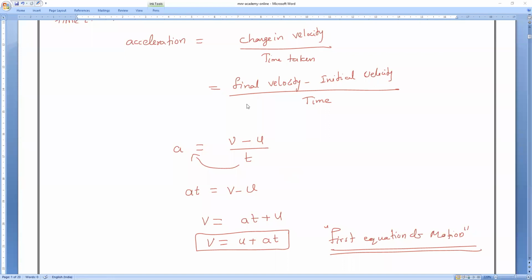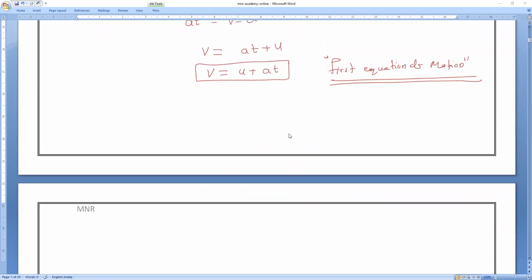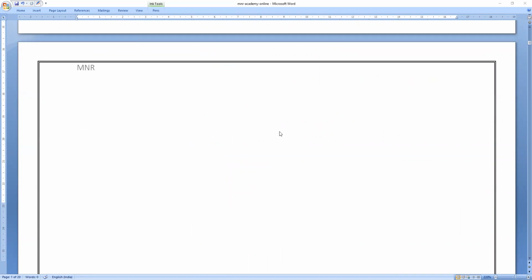First equation, is everyone clear? Any doubt, anybody? So let's start the second equation.